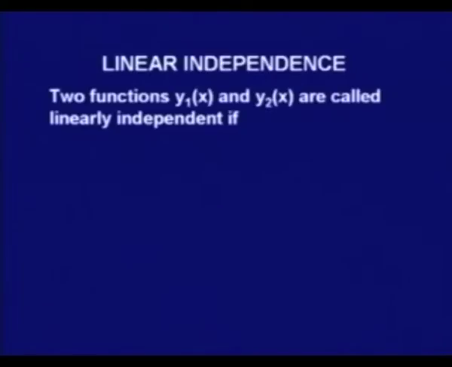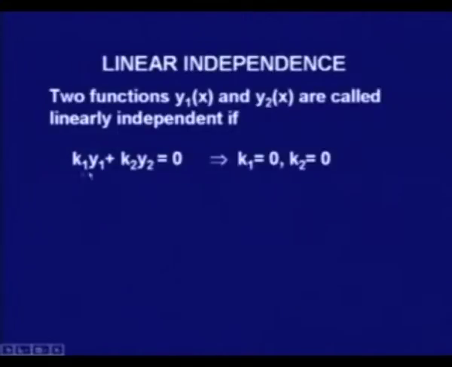Two functions y1(x) and y2(x) are called linearly independent if the linear combination k1 y1 plus k2 y2 is 0 only if k1 is 0 and k2 is 0. That is, if I cannot make this linear combination equal to 0 unless I take both constants to be 0, they are called linearly independent.